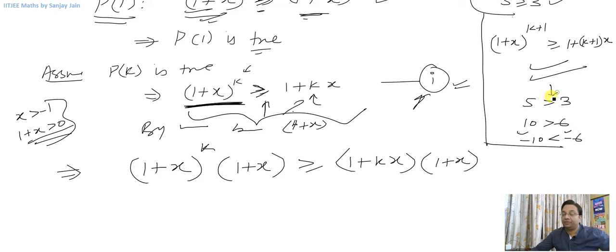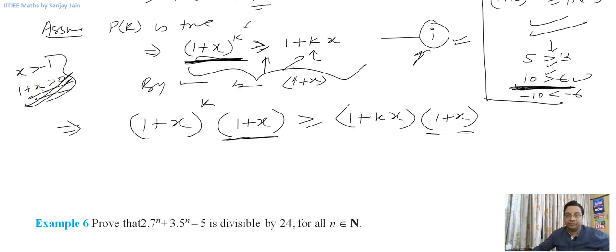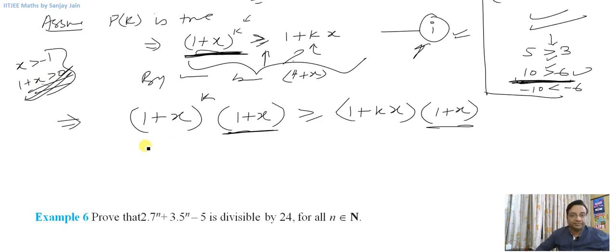This inequality would have changed if I multiply both sides by something negative. But now I have multiplied by something positive, so this inequality will remain as it is. I multiplied by 1 plus x, which is positive as per the question, so I can do that on both sides.